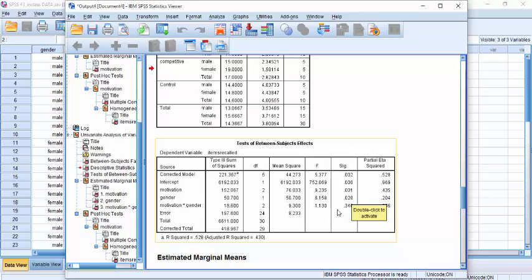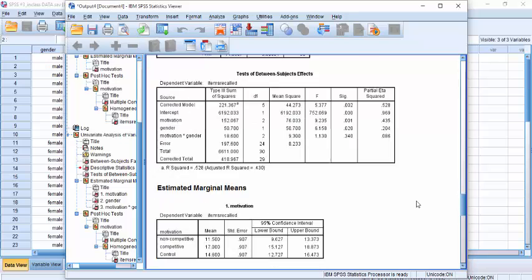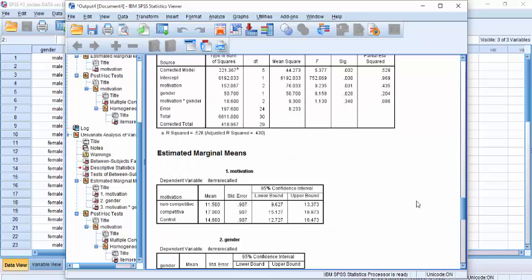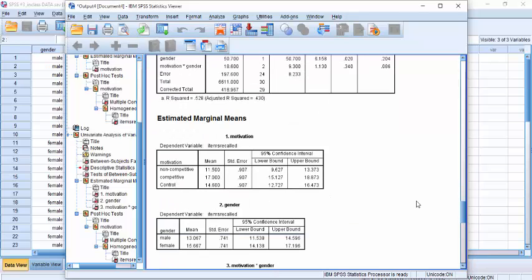And also to note here that you can kind of tell if your F is significant. If it's over 4, it's likely to be significant. Just as with the t-test, if your t value is over 2, it is likely to be significant. And then from here, we can go on and look at our means.